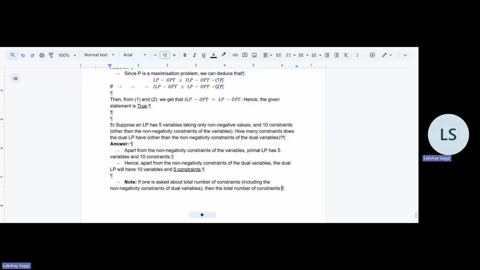We had these 5 normal constraints, and then for each of the dual variables we'll have one non-negativity constraint. There are 10 dual variables, so there are 10 non-negativity constraints.